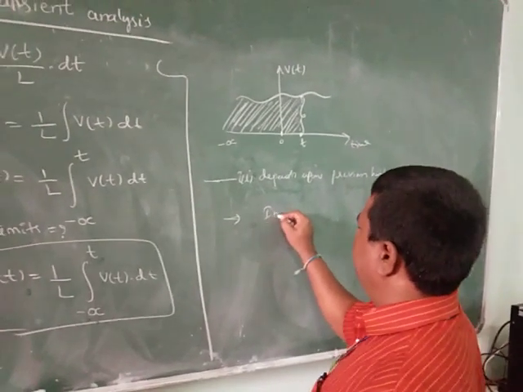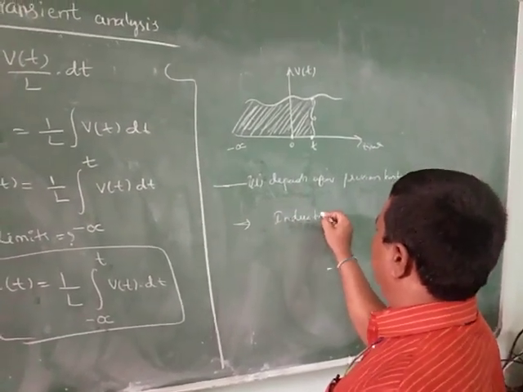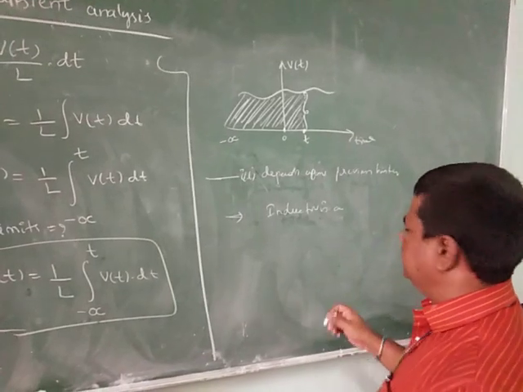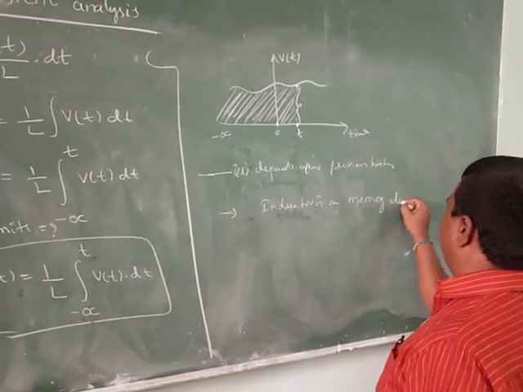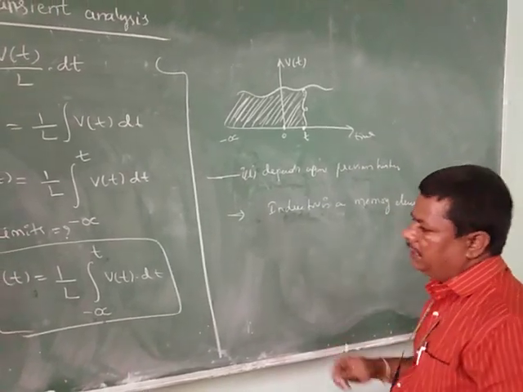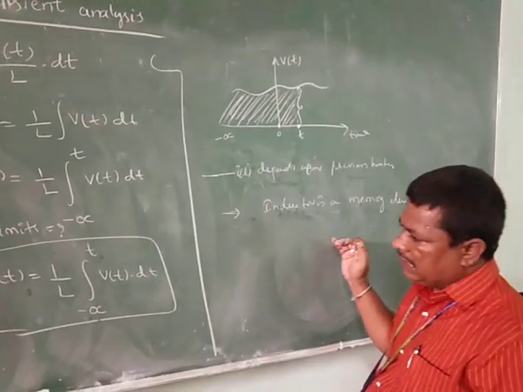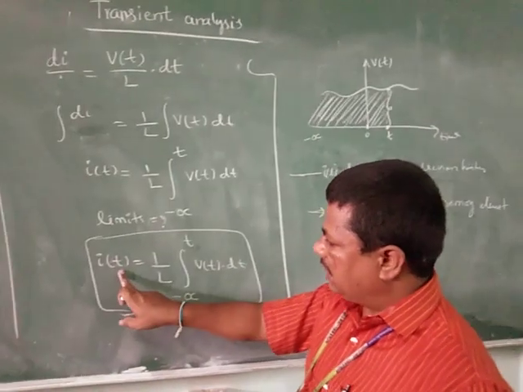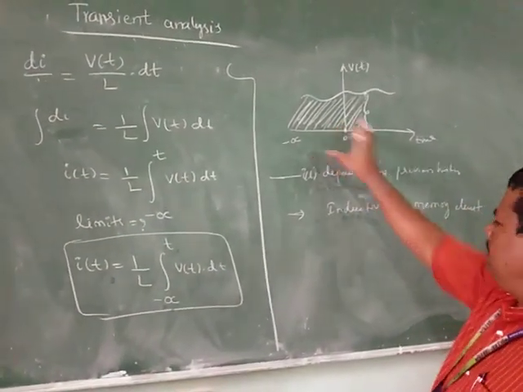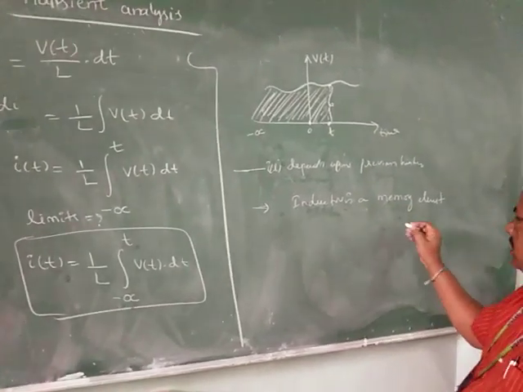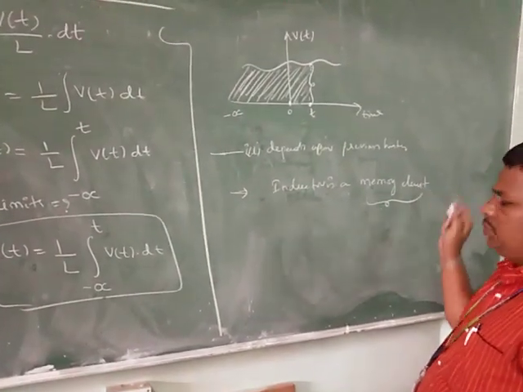Based on this we can say that the inductor is a memory element. Why? Because the instantaneous current depends upon the previous values of voltage. Previous values of voltage means it must have a capacity for storage.